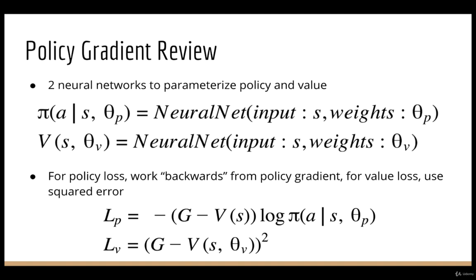This is just the return g minus v of s multiplied by the log of pi. Notice I've represented it as the loss here, or in other words, something to minimize rather than maximize, since that's what we'll be using in TensorFlow. On the other hand, the value network loss is simpler. It's just the squared error between the return and the predicted value.